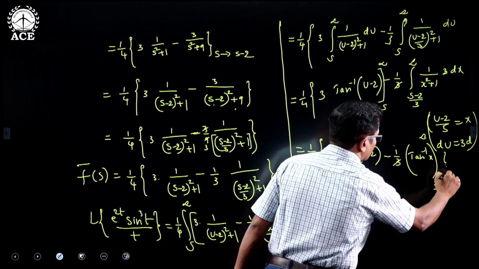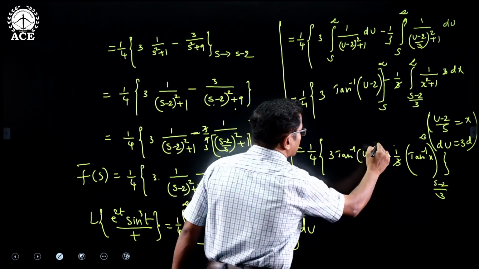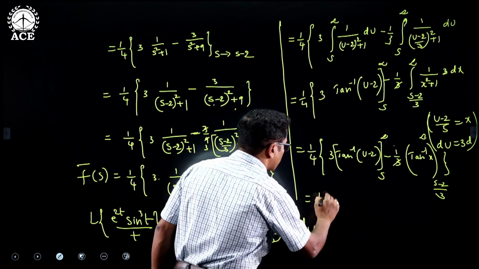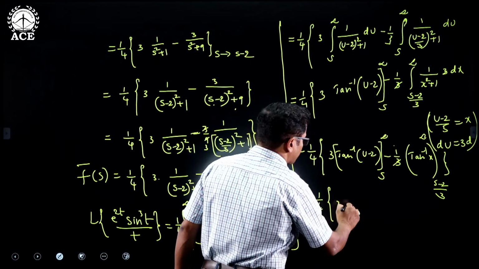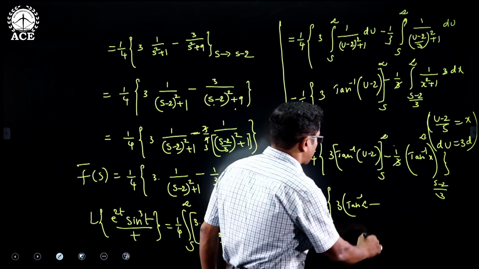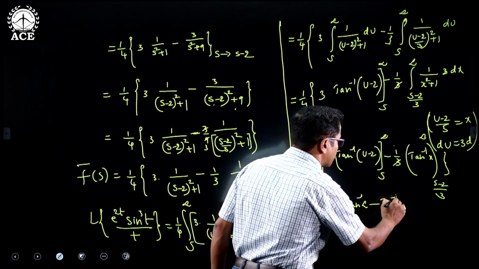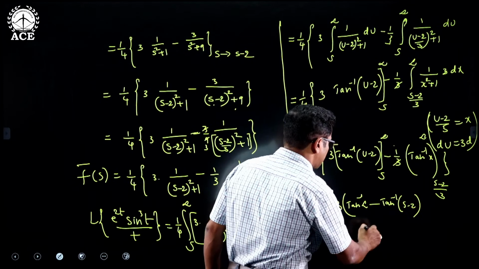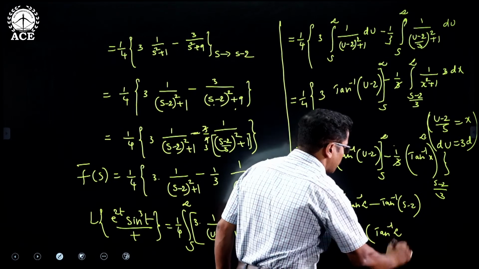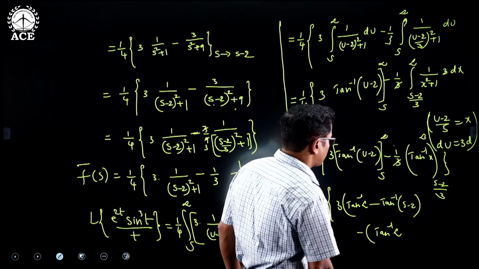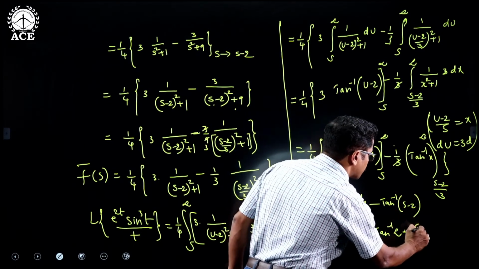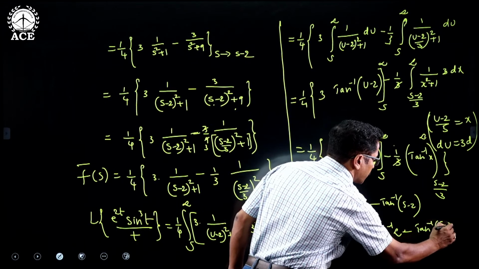Okay. So which is equal to, limits are s to infinite, 1 by 4, 3 into upper limit tan inverse infinite minus lower limit tan inverse s minus 2. Similarly, minus upper limit tan inverse infinite minus tan inverse s minus 2 by 3.